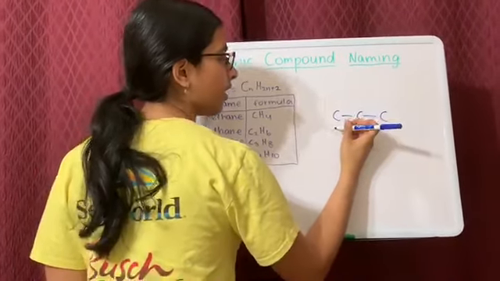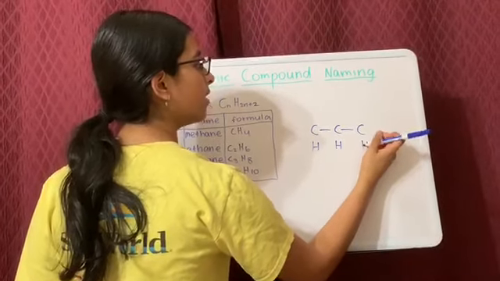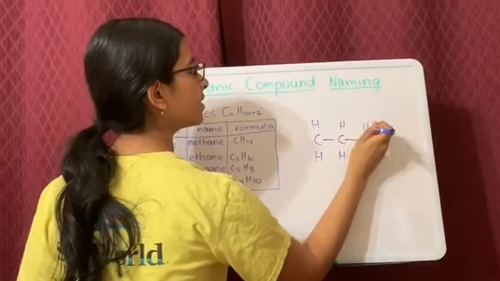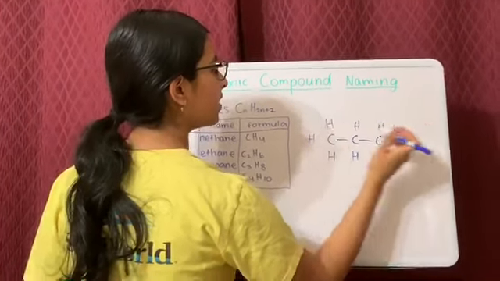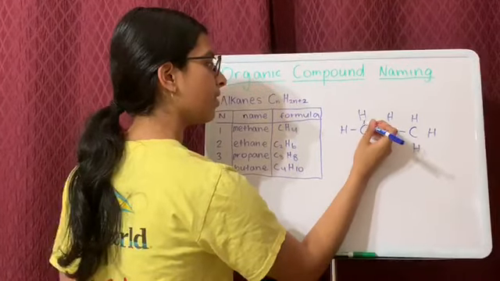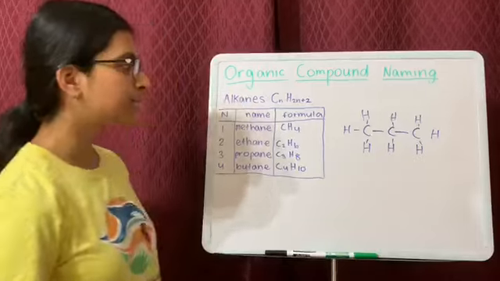So let's draw our 8 hydrogens: 1, 2, 3, 4, 5, 6, 7, and 8. We connect all of these with a single bond, and that right there is propane.